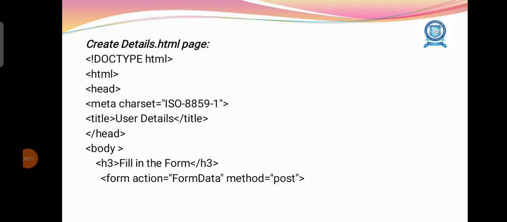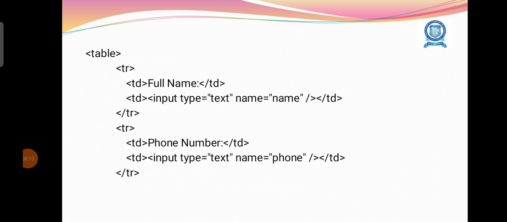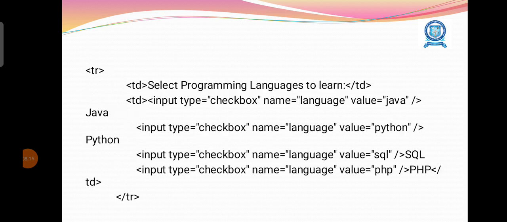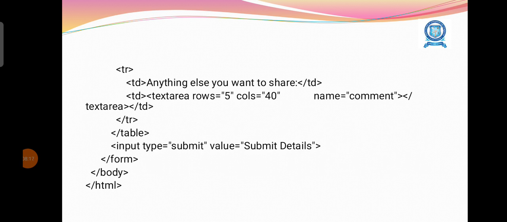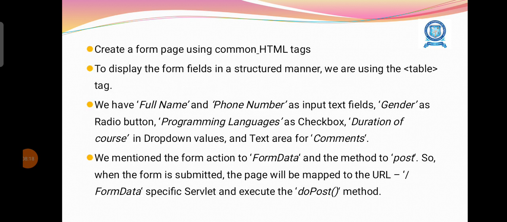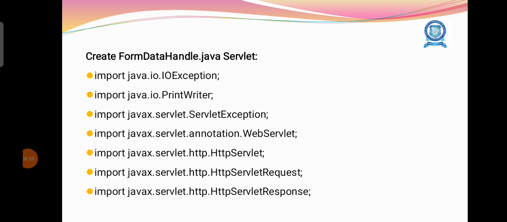Then in the form tag we have mentioned action equal to form data, method equal to post. This is very important. So when the form is submitted, the page will be mapped to the URL form data, the specific servlet, and execute the doPost method.